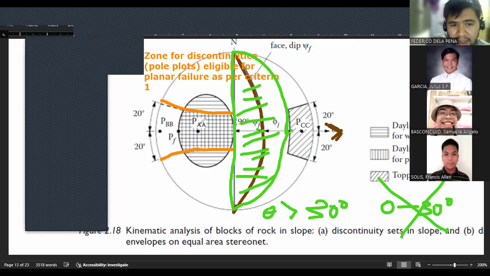So in the pole plot, this is your 90, and this is your 0.